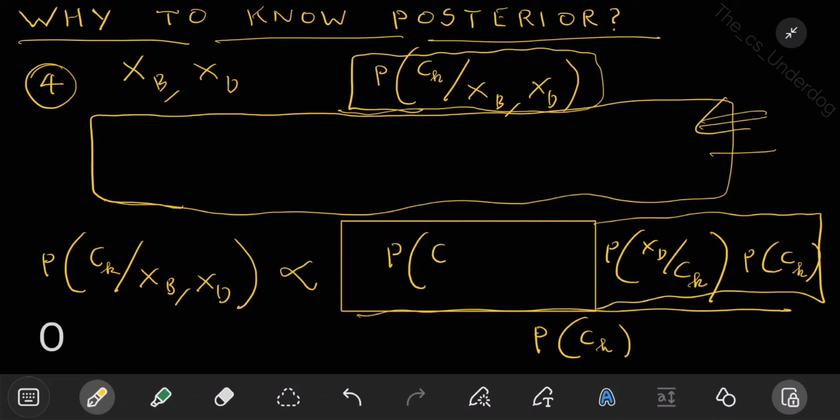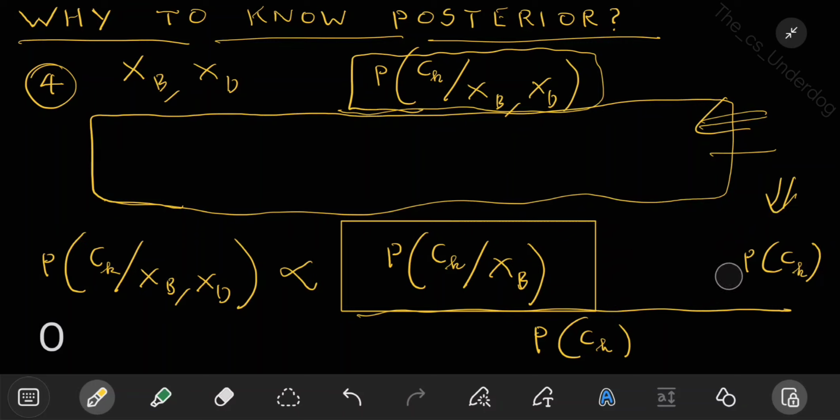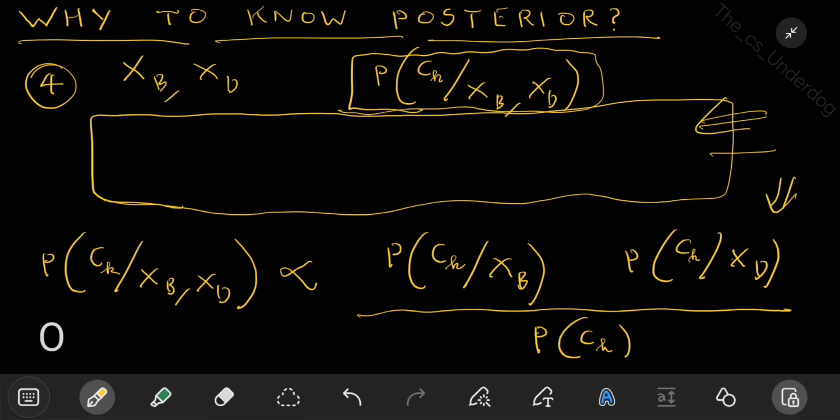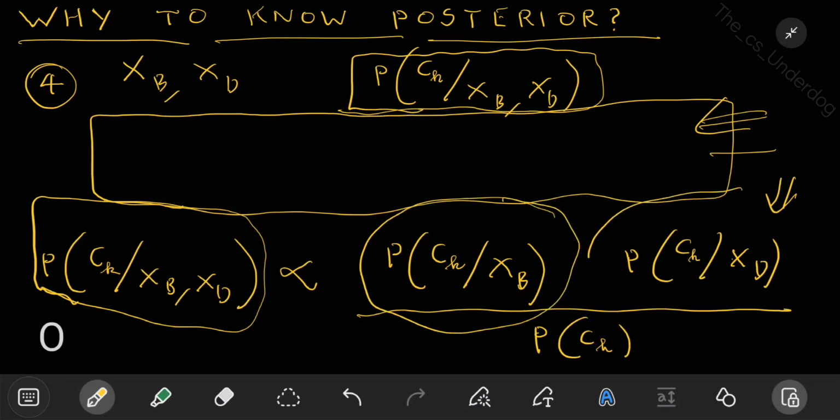And here, instead of this term, I can substitute P of CK given XD. Here I am only looking at proportionality. So what does this finally give you? P of CK given XB and XD is directly proportional to P of CK given XB into P of CK given XD.